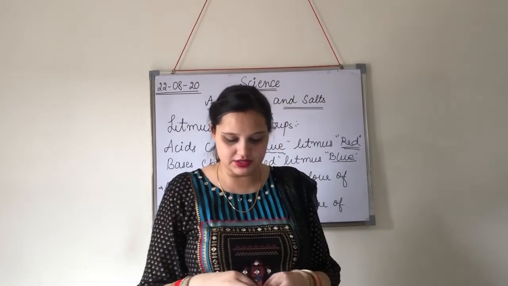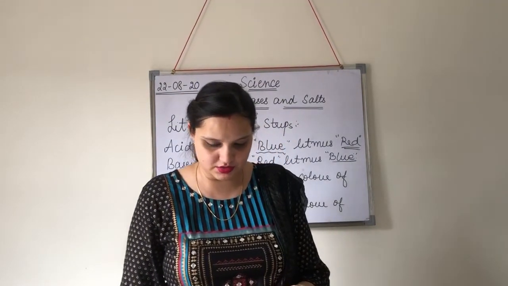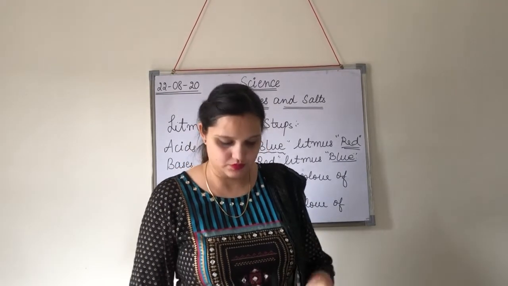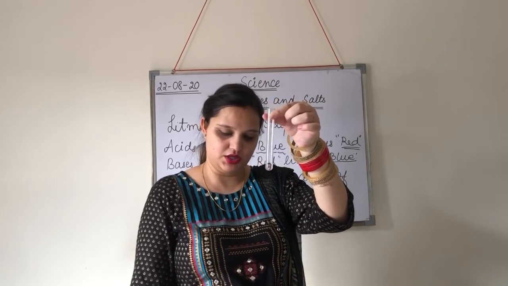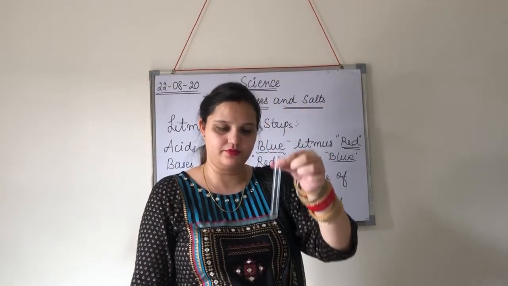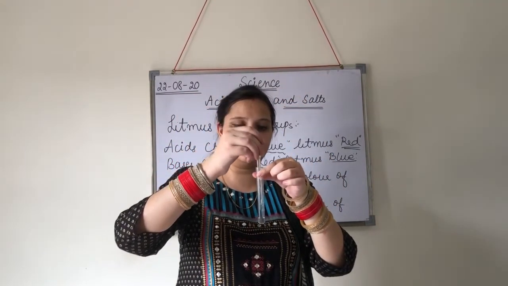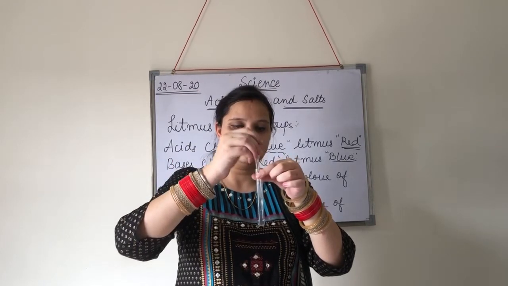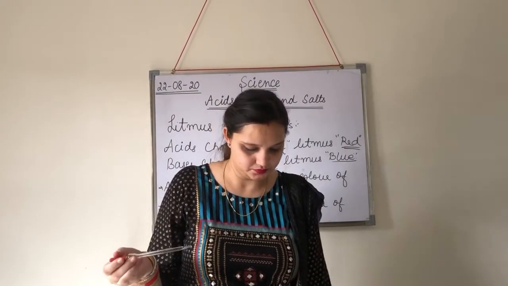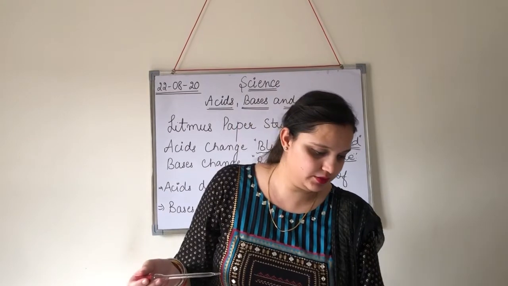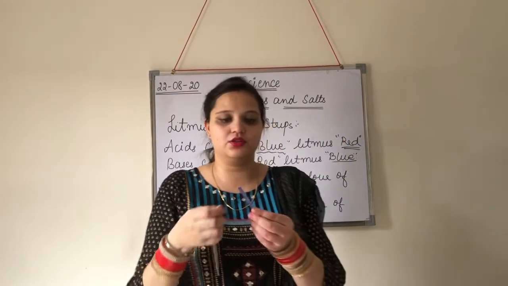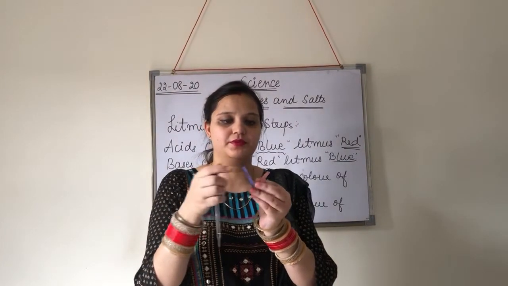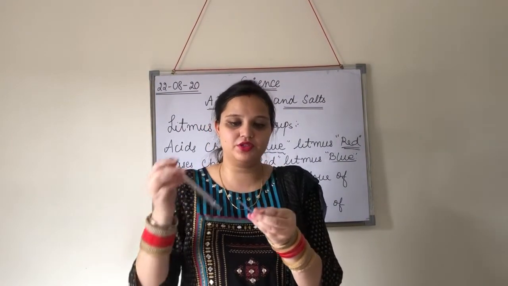So similarly, testing for the next substance, now I have this. Again we are going to take this solution in the dropper and test it for the acidic and basic character on both the litmus papers. So blue and red strips I have.